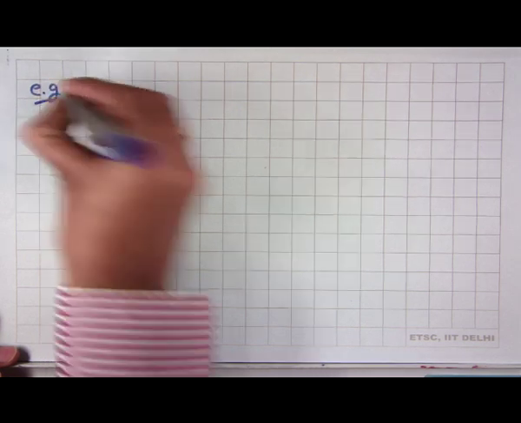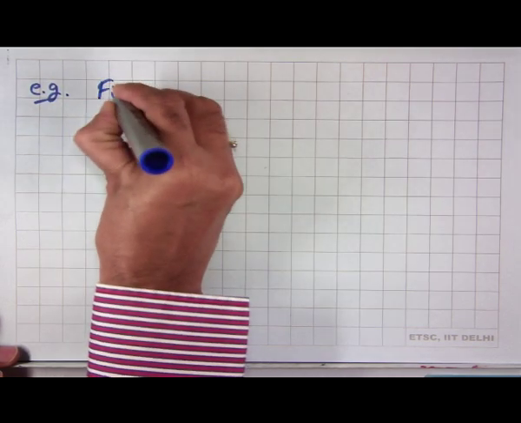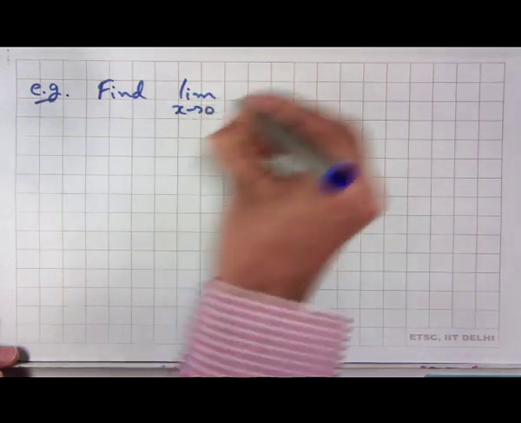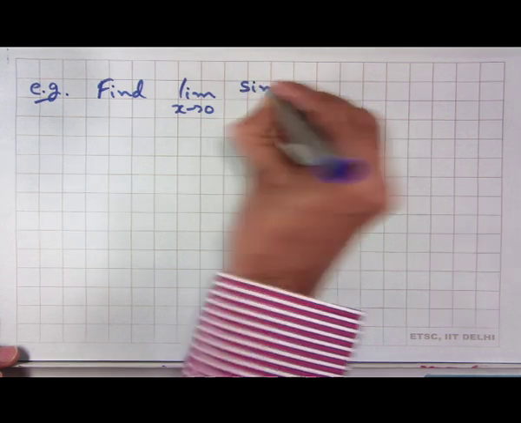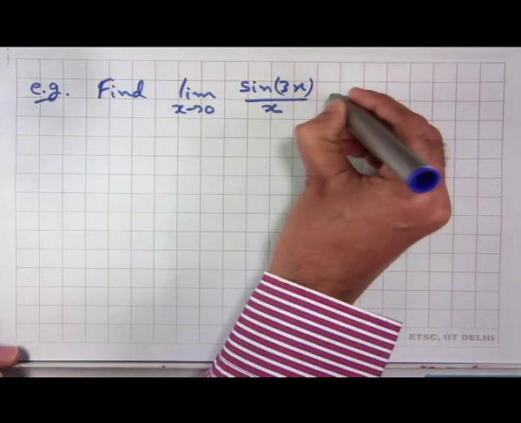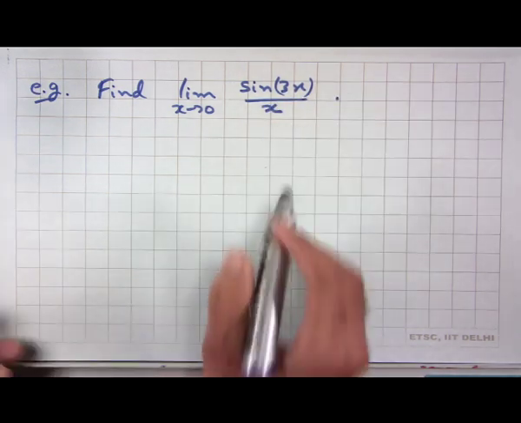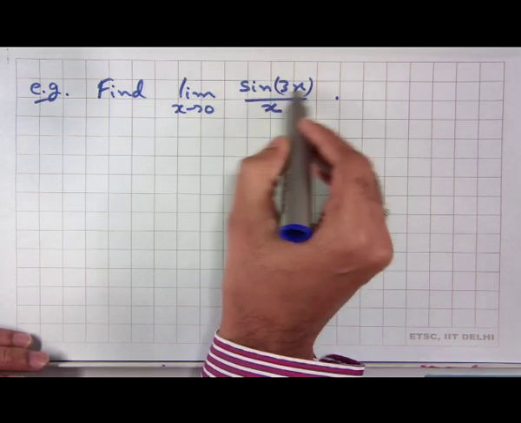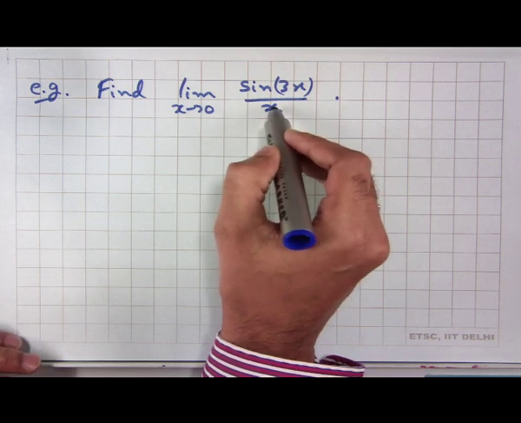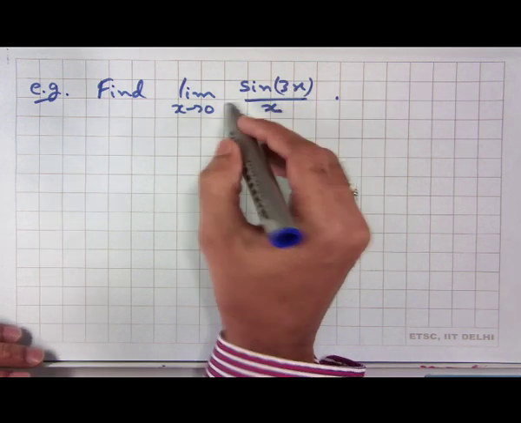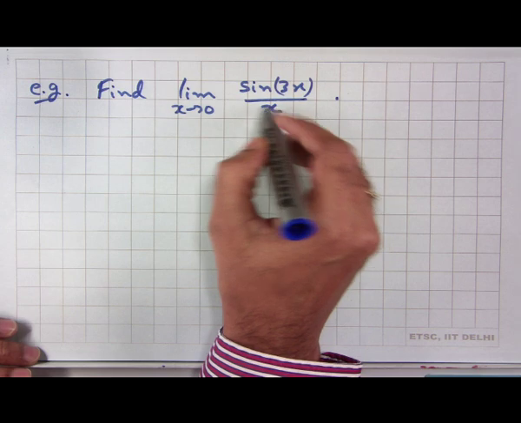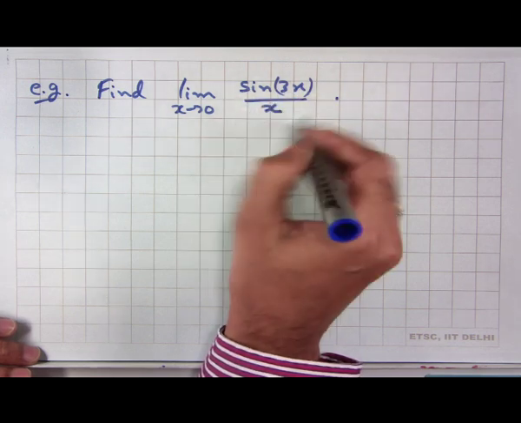Another example, find the limit as x goes to 0 of sin 3x divided by x. Many students make mistakes, thinking that sin of 3x is going to 0, x is also going to 0, and we have seen that the limit of sin x by x is equal to 1, but this limit is not equal to 1.